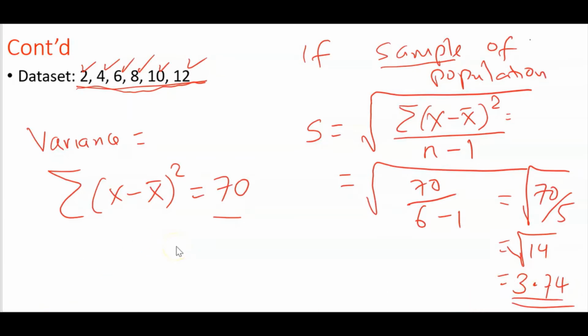So just to recap, if you got your variance as 70, and this data set is a sample of the population, then you divide the variance by n minus 1. N is 6, minus 1 is 5. Then you take the square root of that to get the standard deviation of the sample.